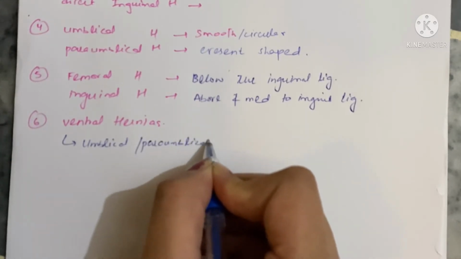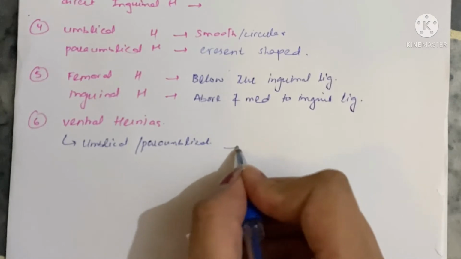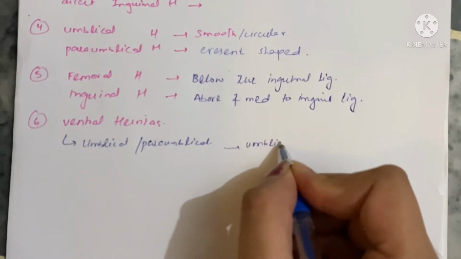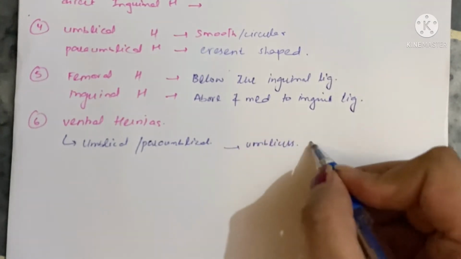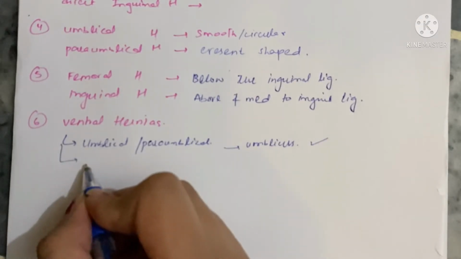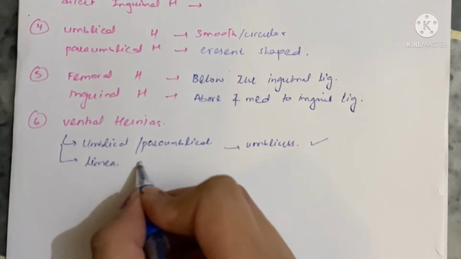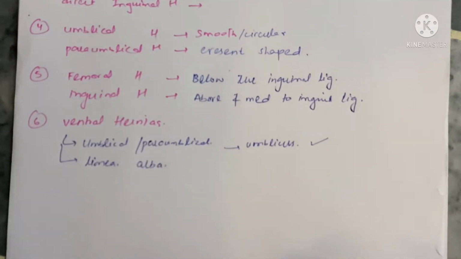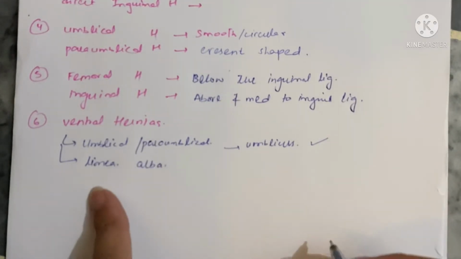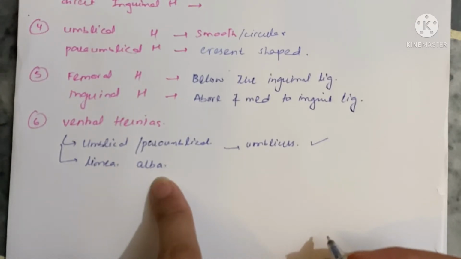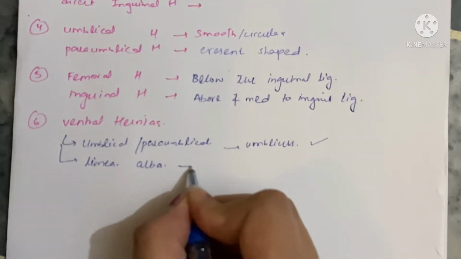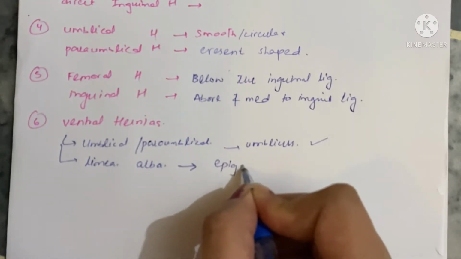If the contents enter from the umbilicus, where the defect lies in the umbilicus, that is an umbilical or paraumbilical hernia. If they enter from the linea alba, then they are epigastric hernias.